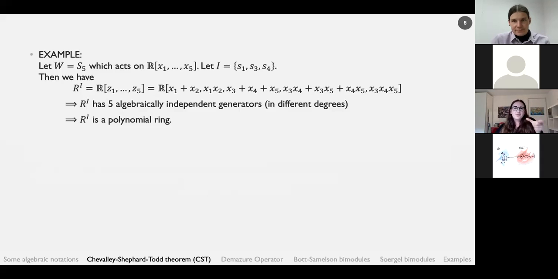Those 5 are algebraically independent generators, and they are also in different degrees. Moreover, R^I is again a polynomial ring where there is no relation between these generators.